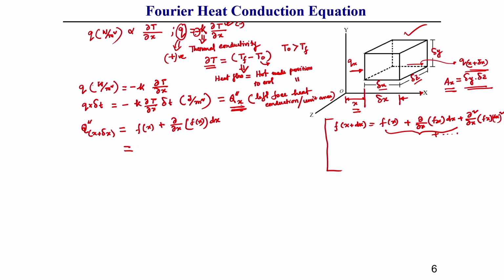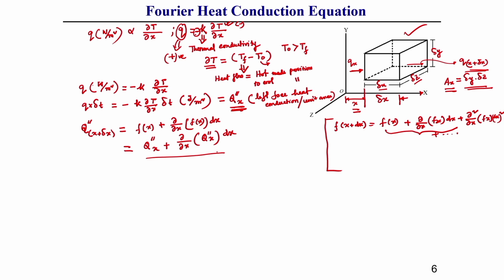So, f of x here actually is q double dot x, per unit area I am just discussing. So, plus del by del x of q double dot x into dx, higher order terms I am neglecting. So, this is the equation we are getting here.